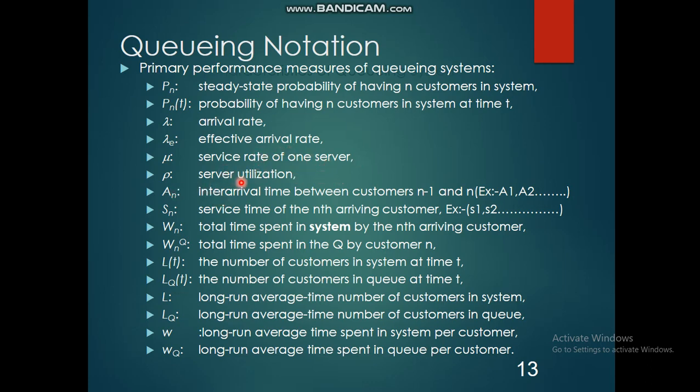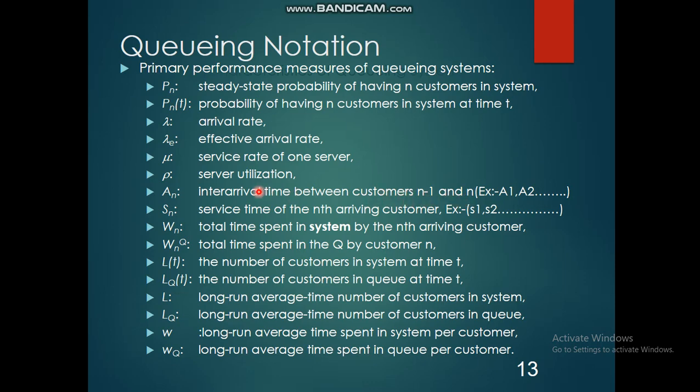Rho represents server utilization. An represents the inter-arrival time between customer n-1 and n. In problems it may be represented as A1, A2, A3, A4. The first customer arrives at 0, the second customer arrives at time 5, like that, but to get inter-arrival time you have to subtract those values.